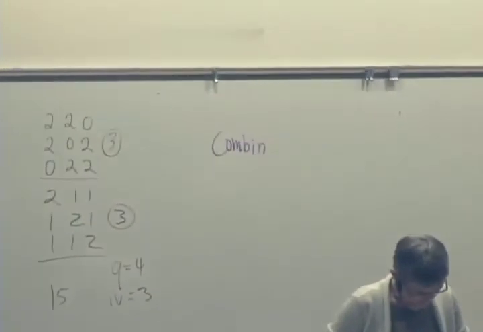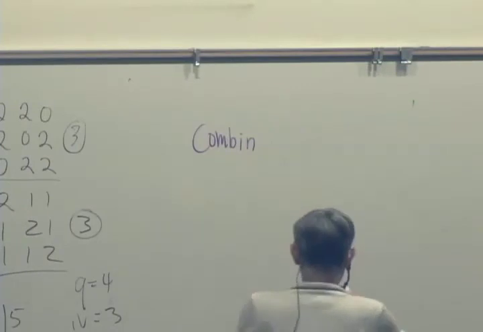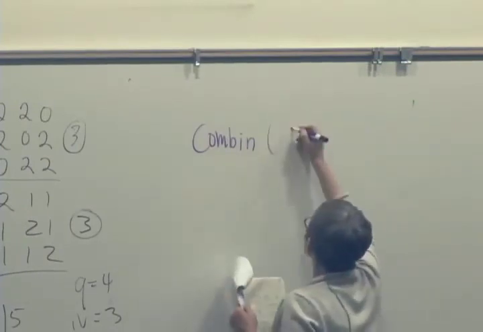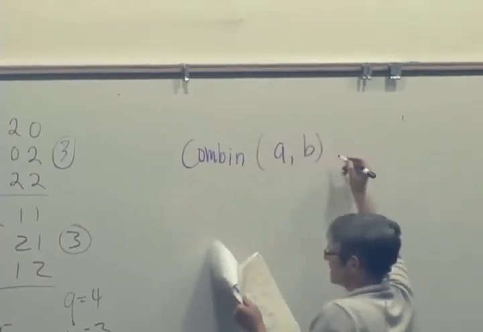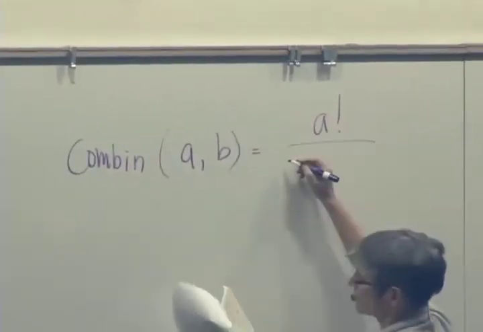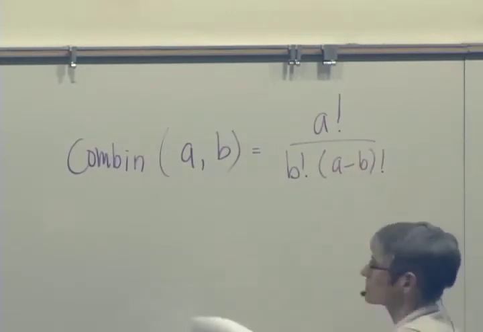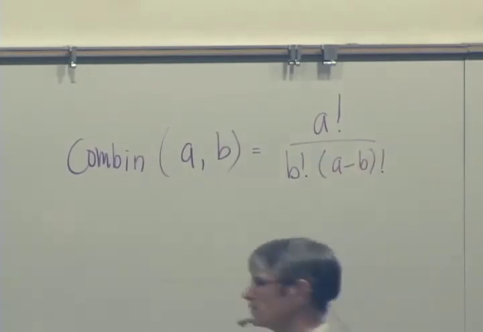Combin is defined with two numbers a and b, and it's equal to a factorial over b factorial times a minus b factorial.